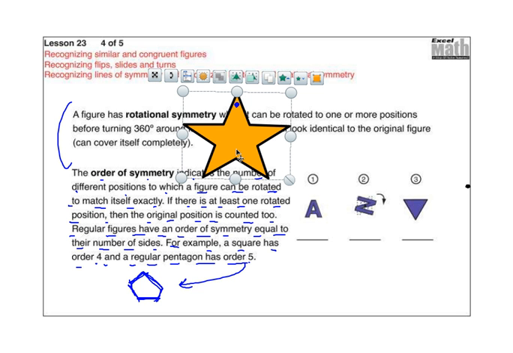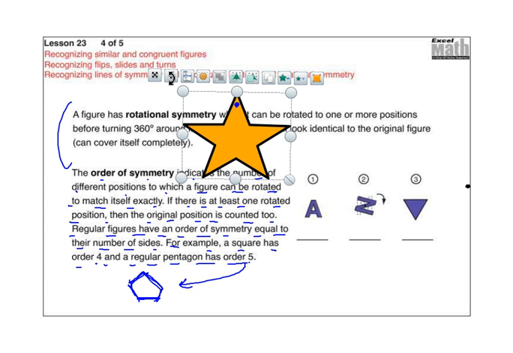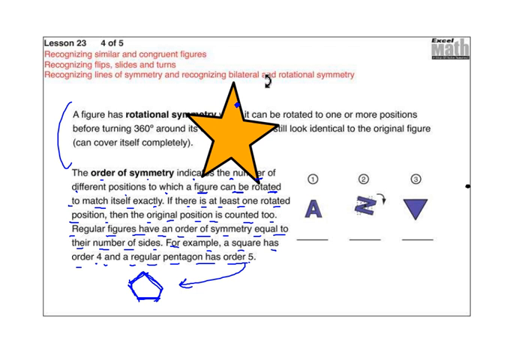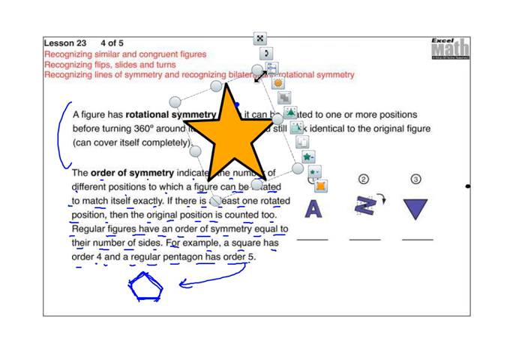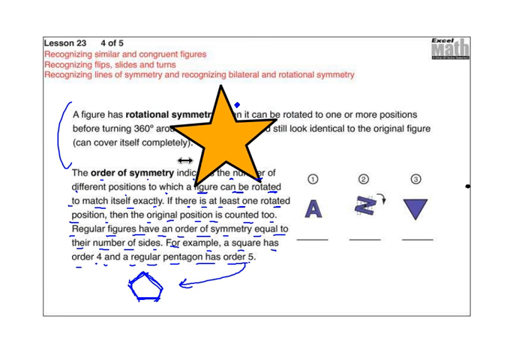Let me see if I can actually group those together. Well, anyway, here we go. Rotational symmetry. I'm going to move this way. And as you can see, when I get to there, it looks the same as it did when I started with it. Well, kind of. It needs to be stretched out and made a little bit more. Okay, so now it looks the same.